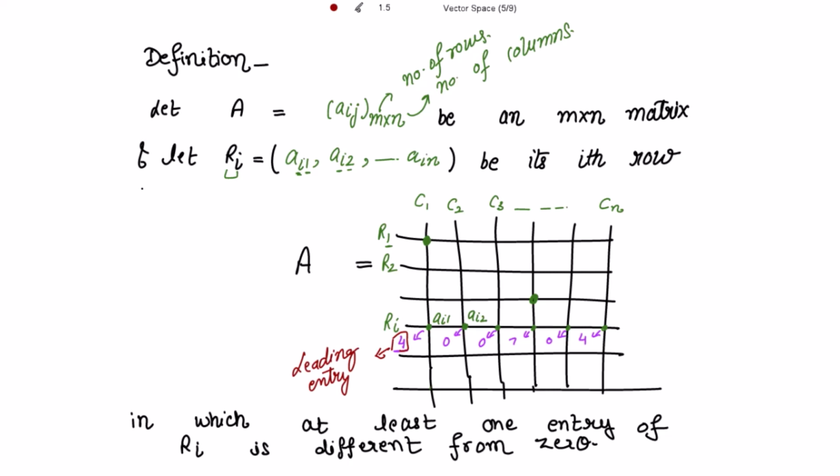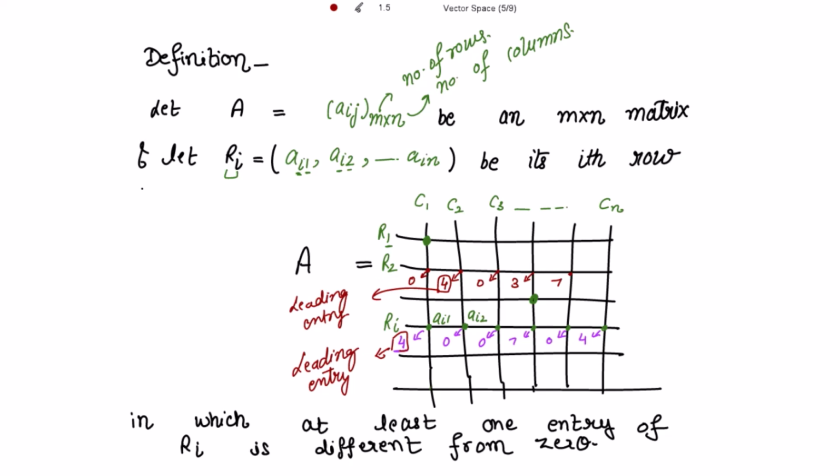Suppose in the second row, you get this element to be, let's say, 0, this element be 4, this element be 0, and this be 3, or this be 7. Then what is the leading entry? This 4 is your leading entry for the R2 row. So I will say that this 4 is the leading entry of the row R2.